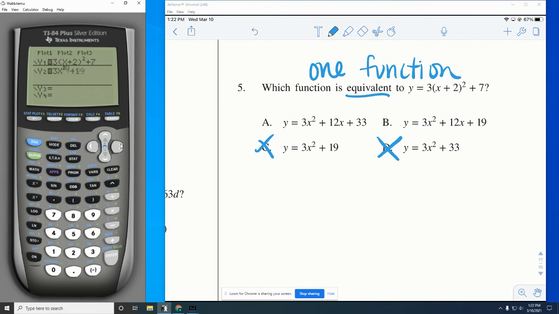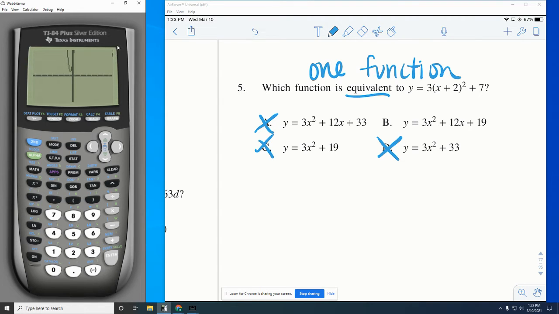So then let me type in A. I click graph. There's my first graph. Oh, there's another one. So A is not correct, so let's hope B is correct. There's my first graph.